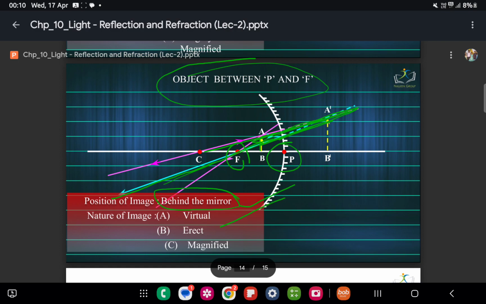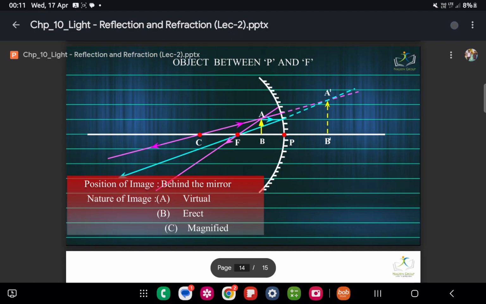Virtual means it is behind the mirror and it feels the same. AB is the object, and it looks like AB in the image also. So it is called virtual, and it is erect and magnified, meaning bigger in size compared to the object size.